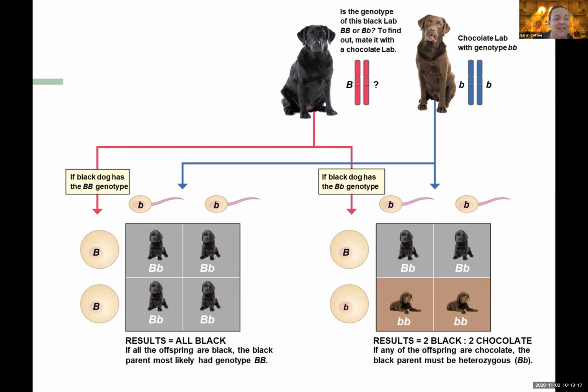So it's not like you can do a Punnett square for every different aspect of your genetics, right? It doesn't work that way. And so that's what we're going to be exploring moving forward.